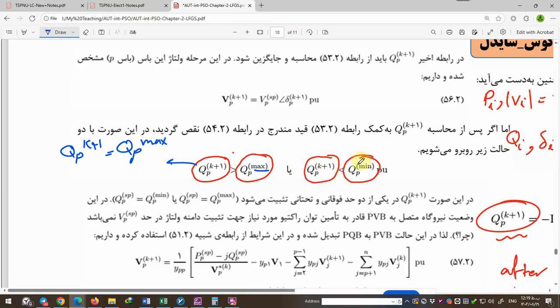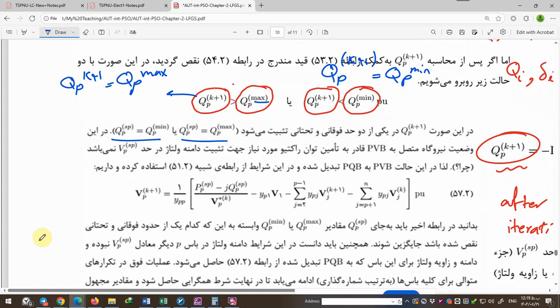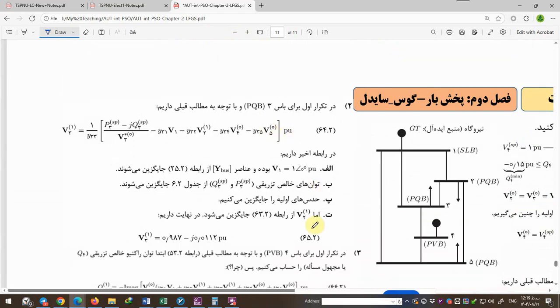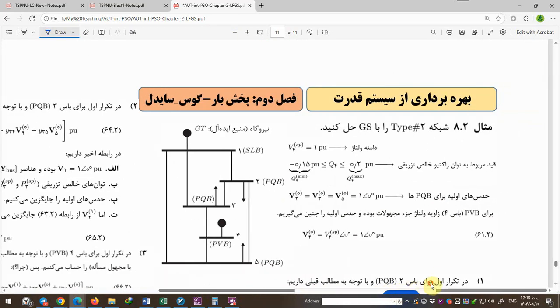If your calculation is less than minimum, you have to fix the calculation at the minimum and continue your calculation like this. Another example is regarding type 2 with Gauss-Seidel.